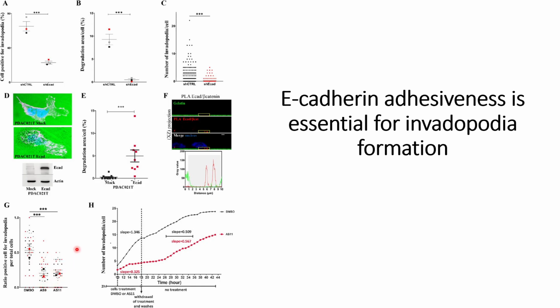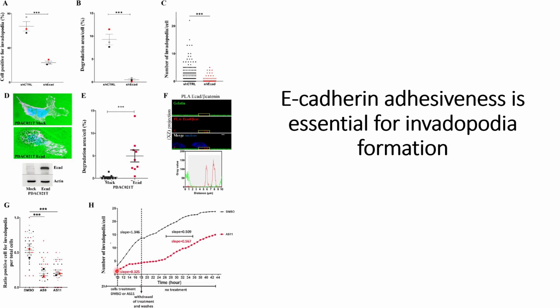Now they checked the rate of the effect on the invadopodia cells, and they see that the number of invadopodia per cell decreases as soon as they use the inhibitors that prevent the interaction of E-cadherin and beta-catenin.